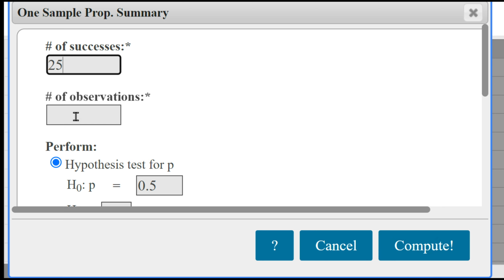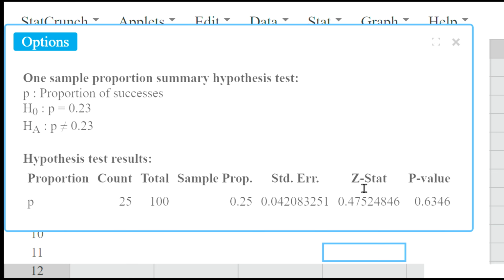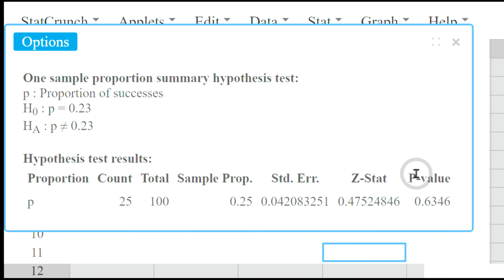So there was 25 of them blue out of 100 total candies. Okay, and then look, the button for hypothesis test is already picked. And I know what to put here because I already did that in part A of the question. It's either equal to 0.23 or look, it's different from 0.23. I click compute. I get my test statistic. I get my p-value. Super.